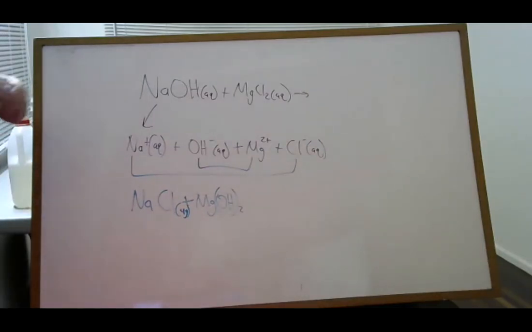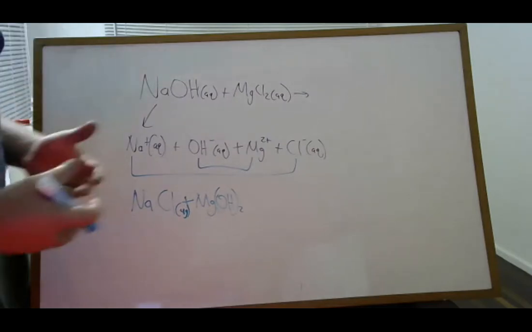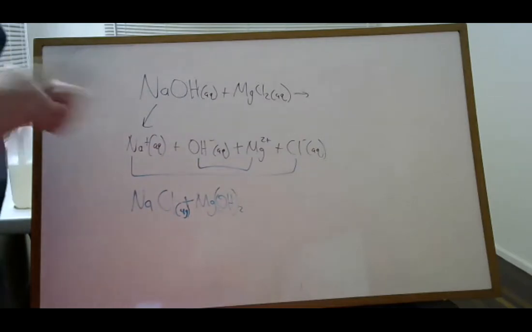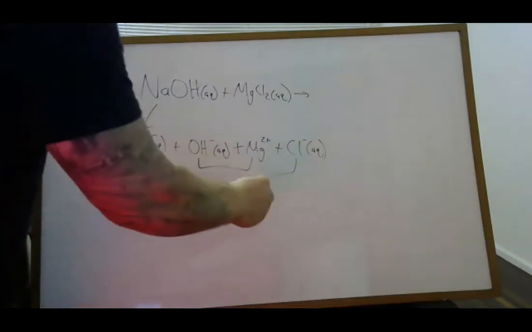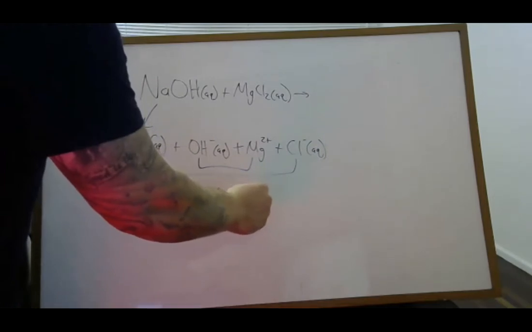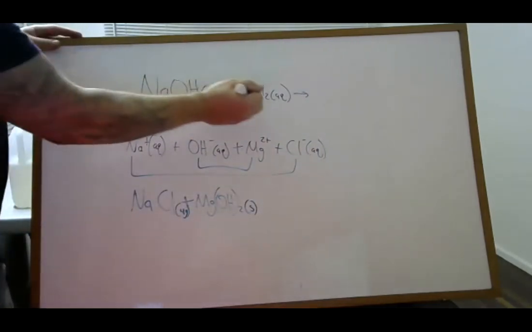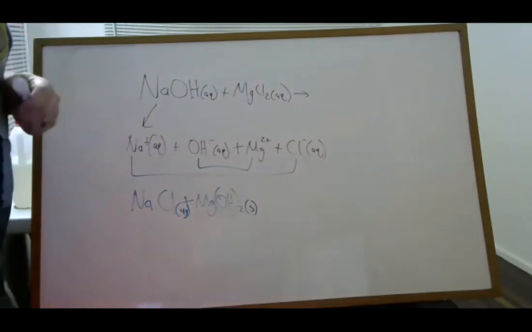The 7th rule down, 8th, all hydroxide OH salts are insoluble. So it's going to create a solid precipitate when I mix these two solutions together.